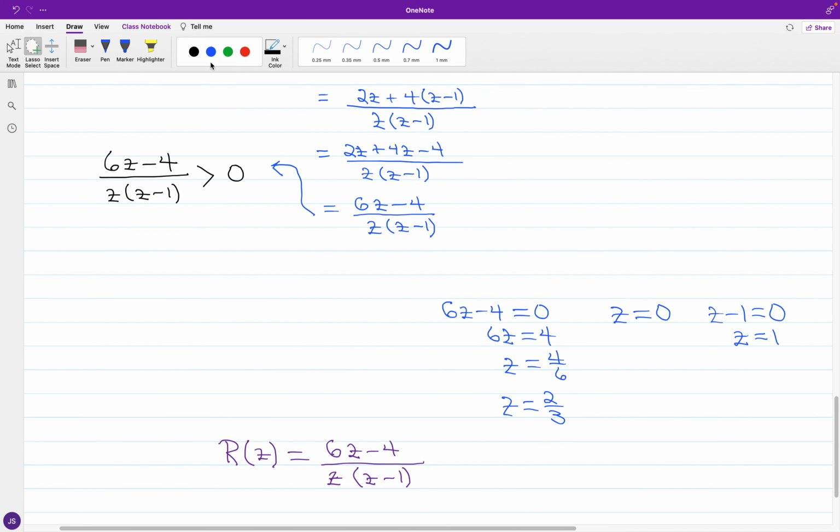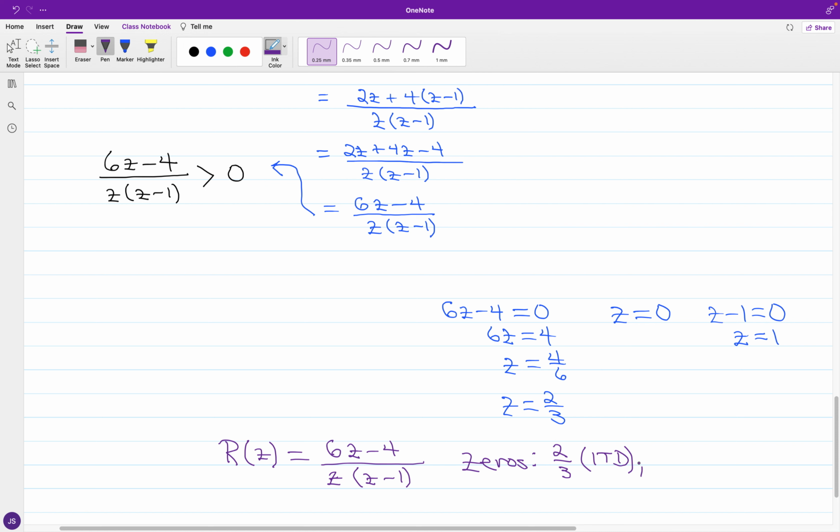And so for this rational expression, we're going to have 3 zeros. Again, 2/3 comes from 6z minus 4, the numerator. Now that one is going to be in the domain.